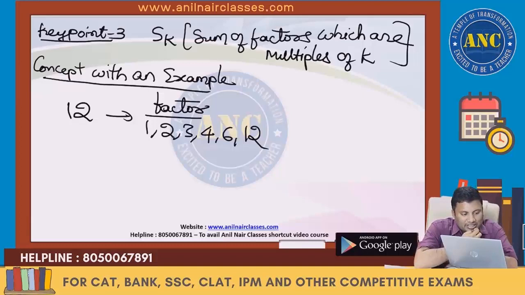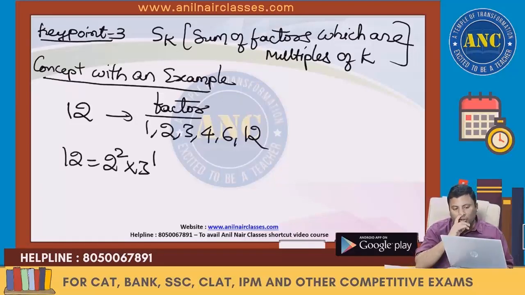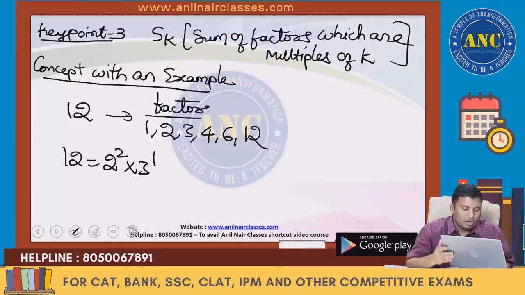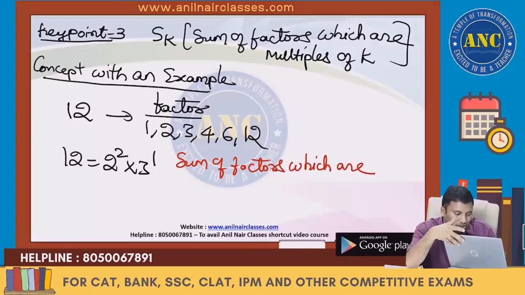Now see here. 12 is nothing but 2 square into 3 power 1. Now what I will do is find the sum of the factors which are, first question, multiples of 2.